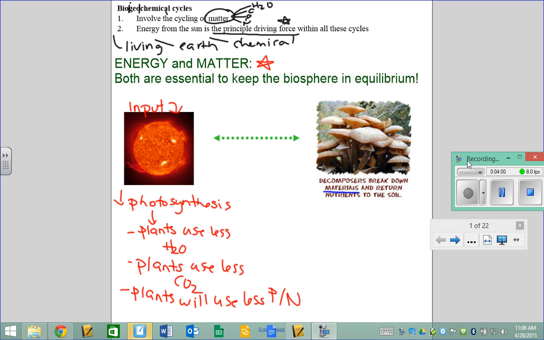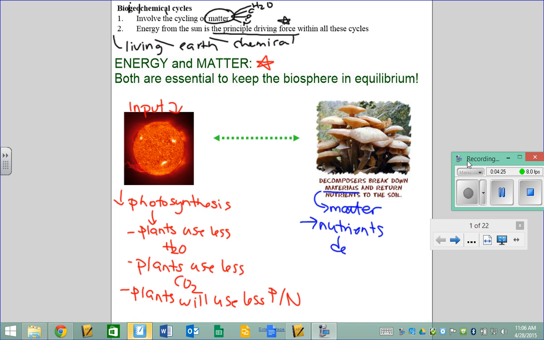Decomposers break down materials, so we're really talking about matter here, and return nutrients to the soil. So what if I had a ton of energy, the sun's okay, but I don't have decomposers breaking down materials, returning them to the soil? So my source of recycled matter is gone. The result?